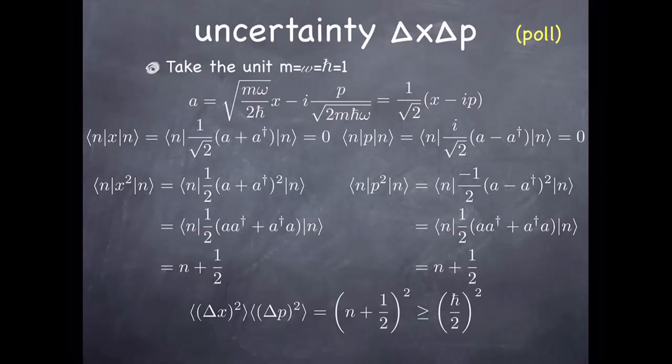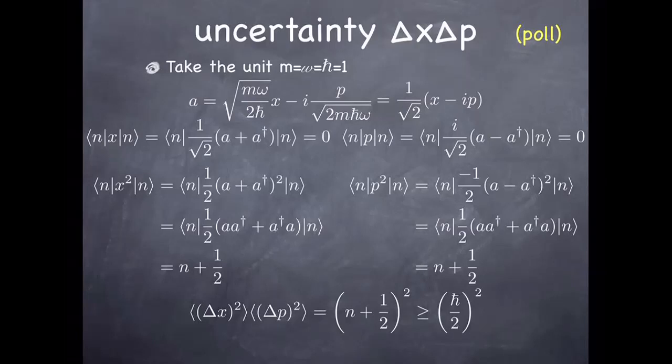So in our case, x squared expectation value is n plus 1/2. You subtract x expectation value squared, which is 0. So the end result is that delta x squared is just n plus 1/2. Same for p.